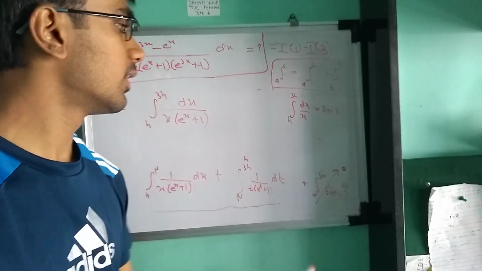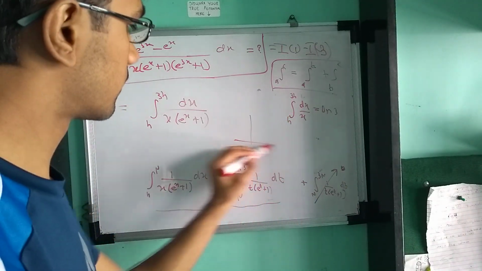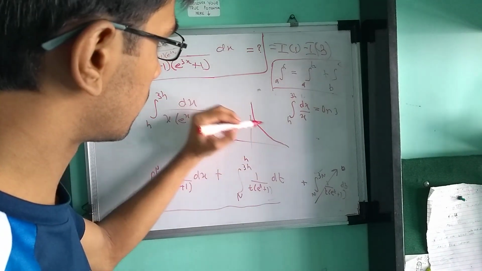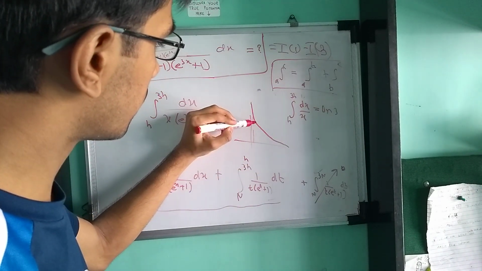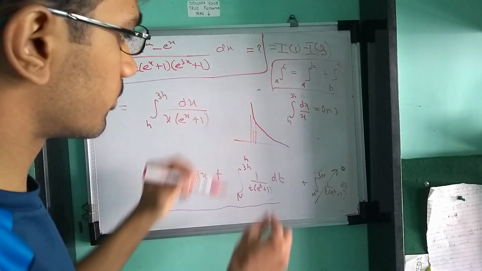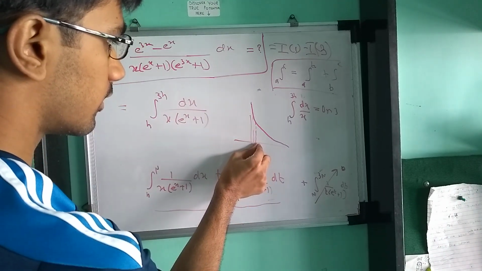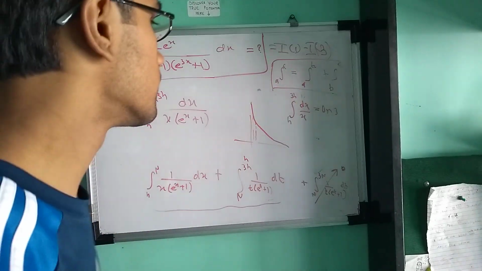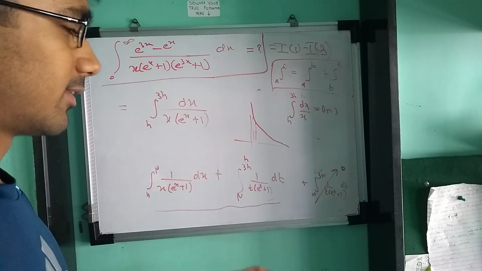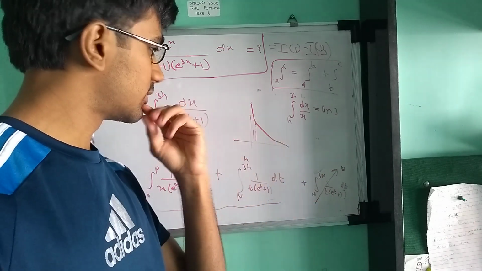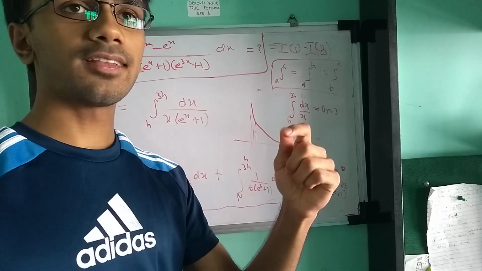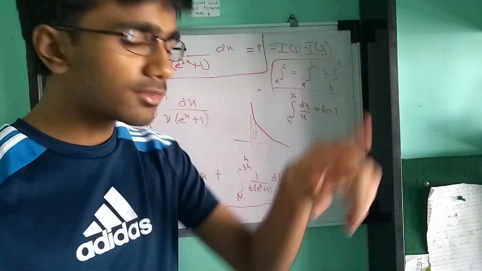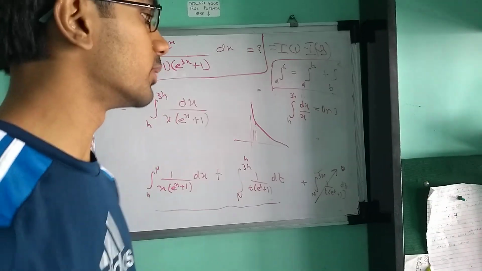You can't say that because 1 by x is huge in that interval, h to 3h. So even that small width, when you multiply it by such a great length, that will give a finite integral. That is the detail that was omitted when we said that the limits go from 0 to infinity, so they will just cancel out. That is the detail which was omitted.